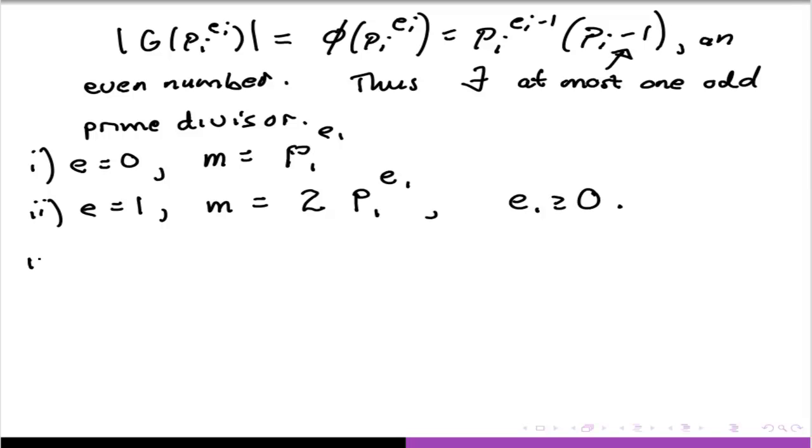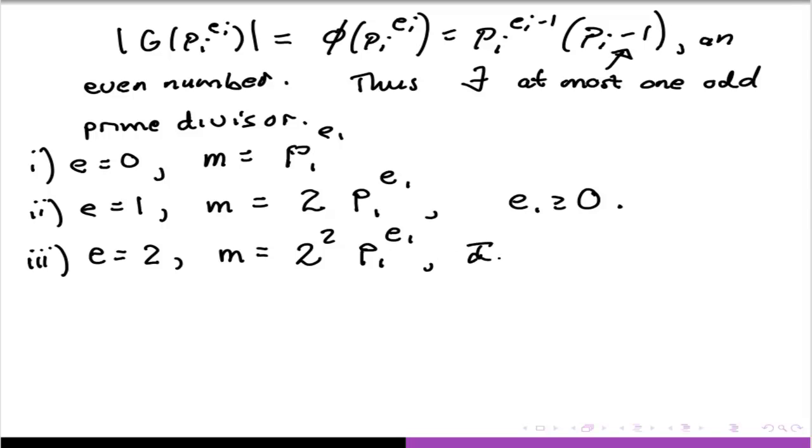And case 3, let's try this out. If E equals 2, and we had a prime factor, would that be a legitimate cyclic group? So in cases 1 and 2, we know that these are cyclic groups. No problem there. In case 3, what if we have a 2 squared times your single odd prime factor?